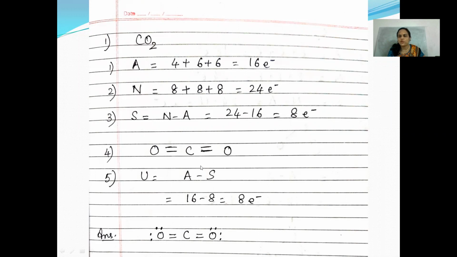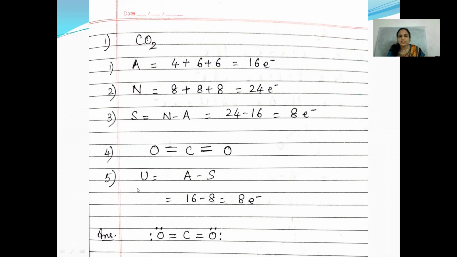So 2 plus 2, 4 electrons you are showing as shared. But you need to show 8 shared electrons. So you put a double bond, C double bond O on the left-hand side and C double bond O on the right-hand side. Then count the number of shared electrons. One bond shows 2 electrons, so 2 plus 2, 4, and 2 plus 2, 4. So 4 plus 4 is 8 shared electrons. This is the skeletal diagram you have drawn.